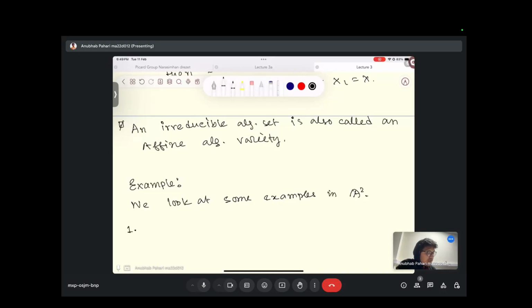First, the algebraic set V(xy) of A2 is the union of two coordinate axes.